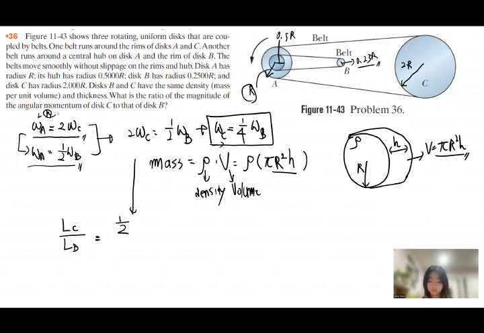Let me fully express this one. That is I_C omega C over I_B omega B, right?